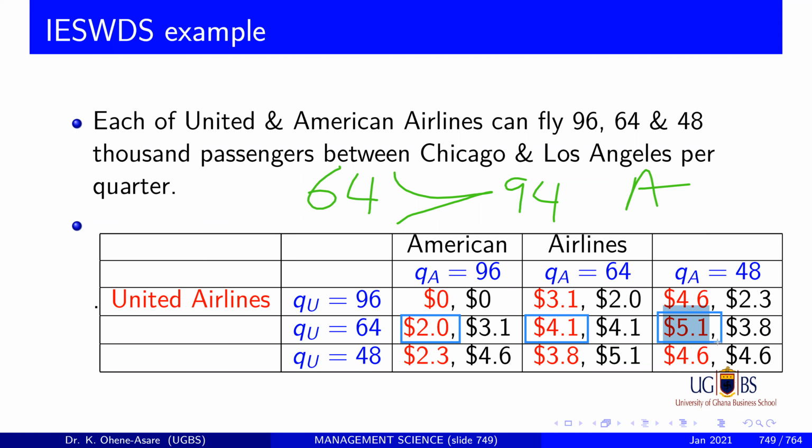So strategy 64 strictly dominates strategy 96. Let's put that down and go to the next one. The next one is comparing the 96. Oh, it is 96. I kept saying 94. It's 96, right? It is strategy 96.